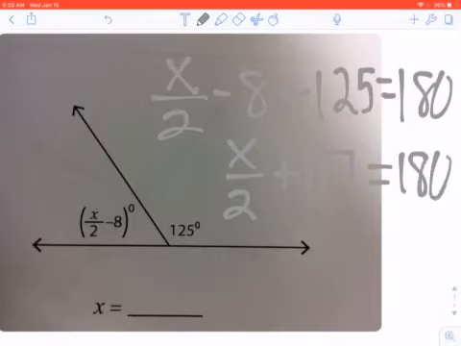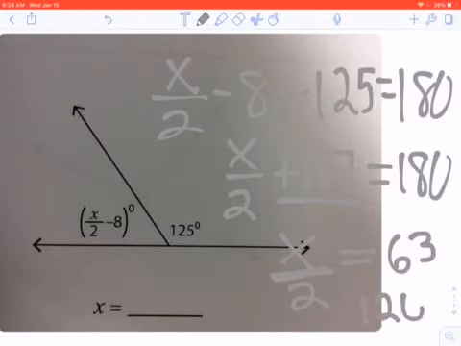So our first step would be to get rid of the 117. So 180 minus 117 would leave us with 63 equals x over 2. So this is x divided by 2. So to get x by itself, we're going to multiply by 2. So 63 times 2 gives us 126.